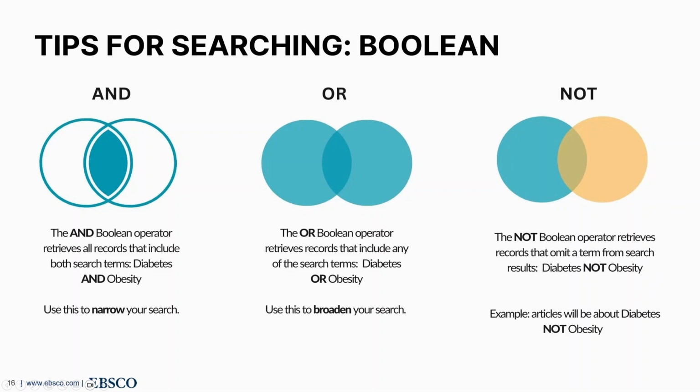And lastly, we have the NOT Boolean operator. This is used to omit a term from your search and remove ambiguity. There will be instances where you would only want to search for a specific term. Like in this case, you only want to search for diabetes and not obesity. So when you use the NOT Boolean operator, the system only searches for diabetes and not obesity.